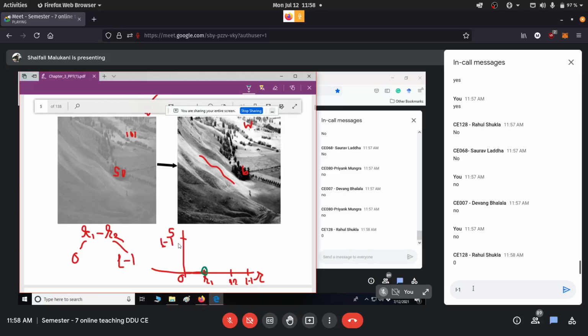Where is it mapping to? It gets mapped to L minus 1. So R2 will get mapped like this. So this is the transformation that we desire. Intermediate values should get mapped accordingly.